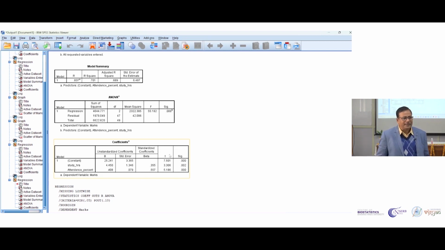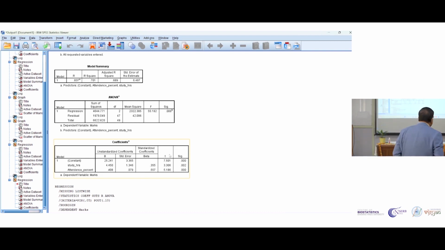The beta coefficient of study hours says there will be 4.4 marks increase if we increase study hour by 1 hour. ठीक है?